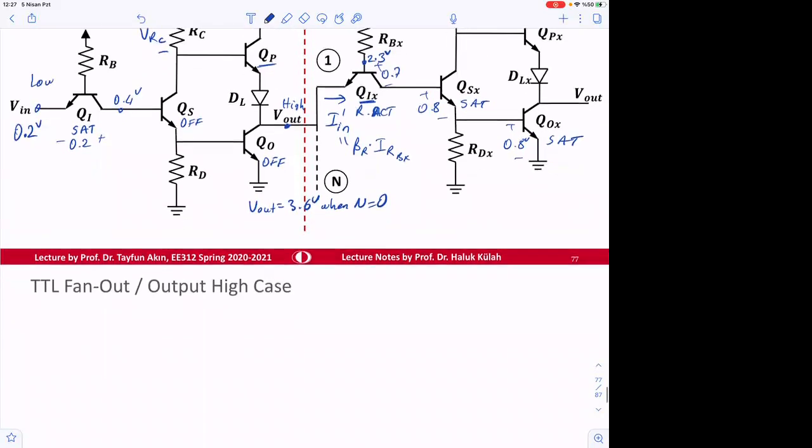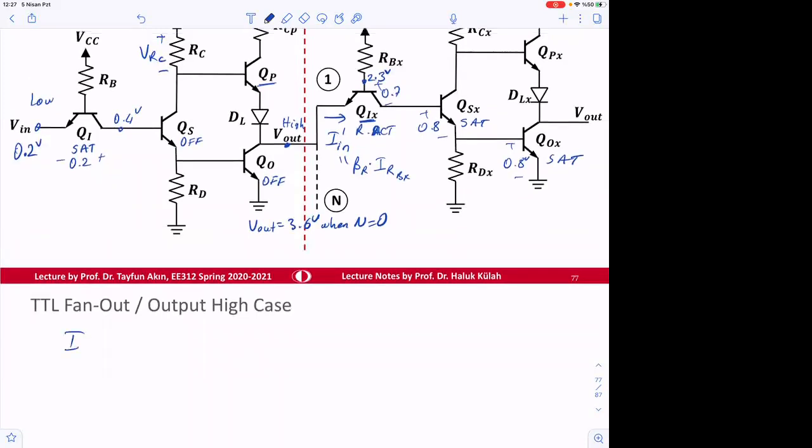So IN prime will be equal to beta R times IRBX. What is IRBX? Five minus 2.3 volts divided by RBX.